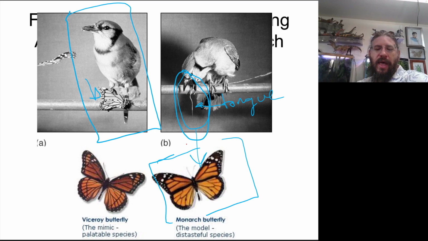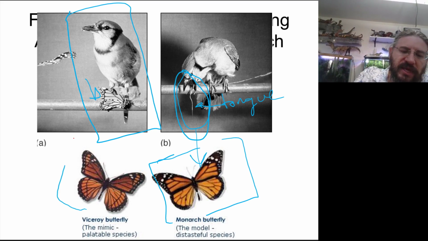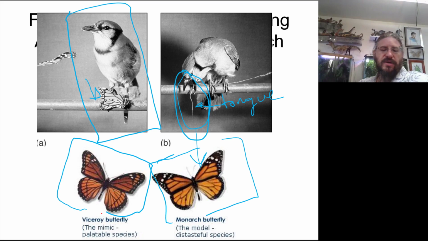And a cool thing, anytime you have an animal that's poisonous, there's almost certainly going to be mimics that don't exert the metabolic cost of incorporating poisons in there and having caterpillars that are resistant to the poison.